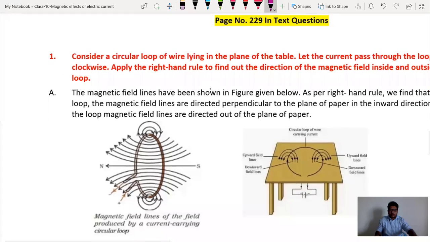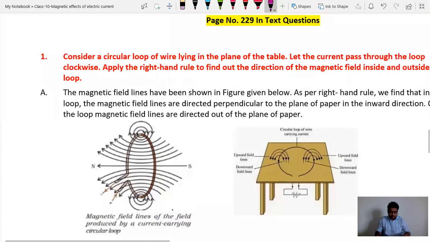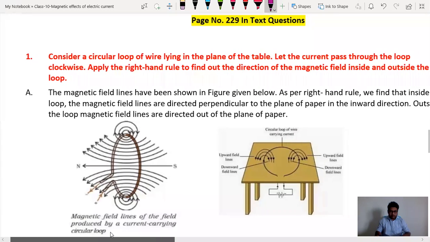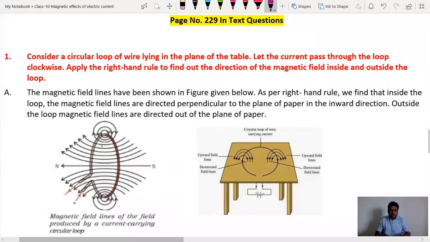Next, we have page number 229, one in-text question. Consider a circular loop of wire, lying in the plane of the table. So this is the table on which it is lying. Let the current pass through the loop clockwise.